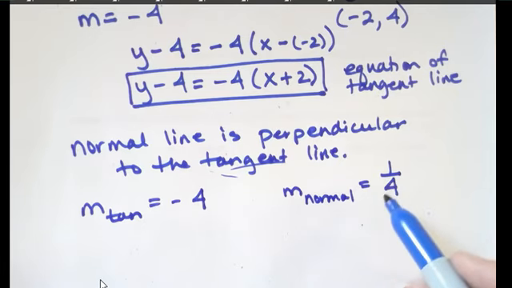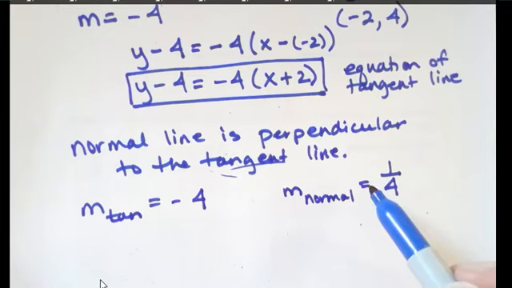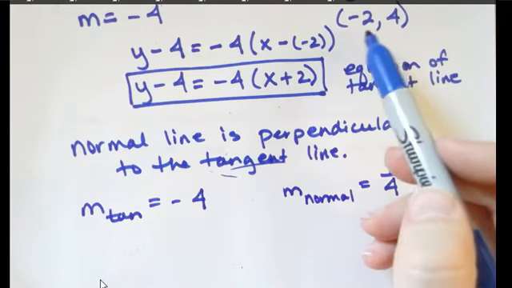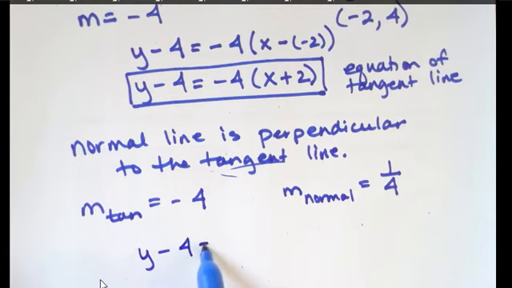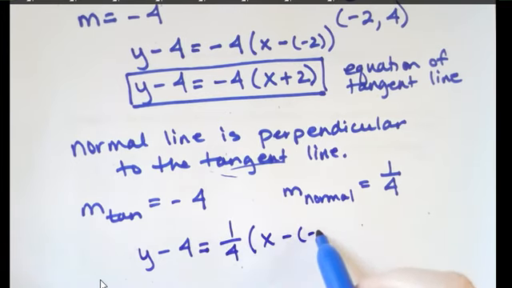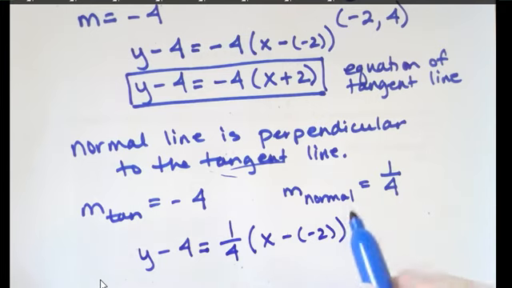Remember to change the signs and flip the number. That's the reciprocal part. So my line is still going to go through this same point, -2, 4. So I'm going to use point slope form again to find the normal line. Y minus 4 equals, I'm going to use the slope for my normal line now, 1/4 times x minus -2.